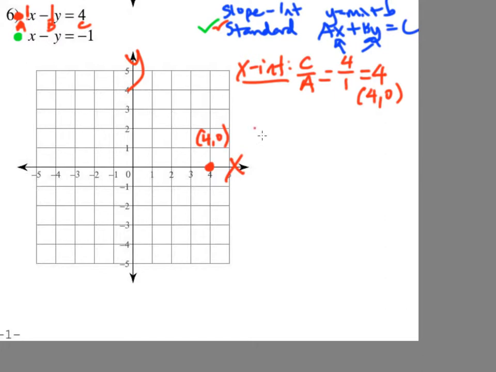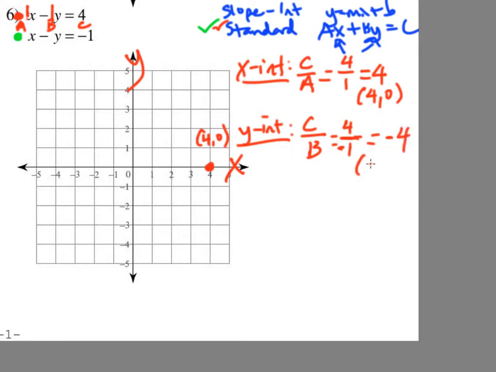Okay, now the y-intercept. That would be C over B. So our C is 4. All right, we're still doing the top equation. We're not on the second equation yet. 4 over, this time B is negative 1. So 4 divided by negative 1 is the same, except it's negative 4.